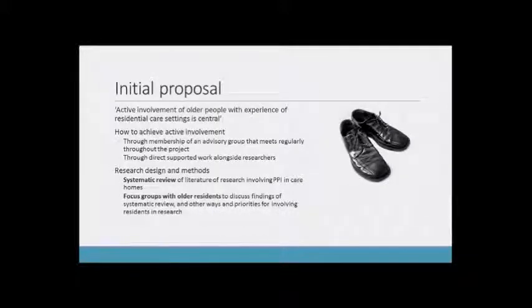So our initial proposal was that we would have active involvement throughout the project, and that we would achieve that in two ways: both through membership of an advisory group meeting regularly, so that people would be consultants, I suppose, and advisors, and shape the process of the research, form a relationship over time and be supported to do that; but also through involving older people resident in care homes in some of the direct work of the research.